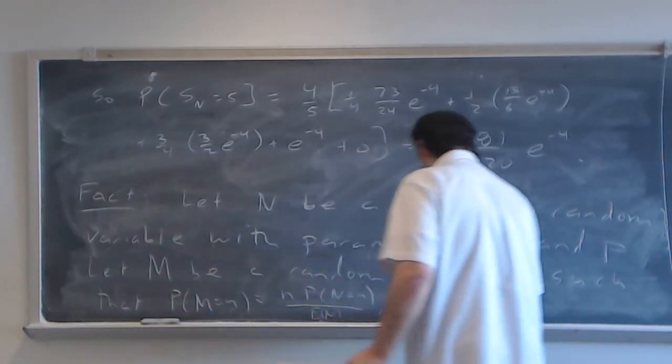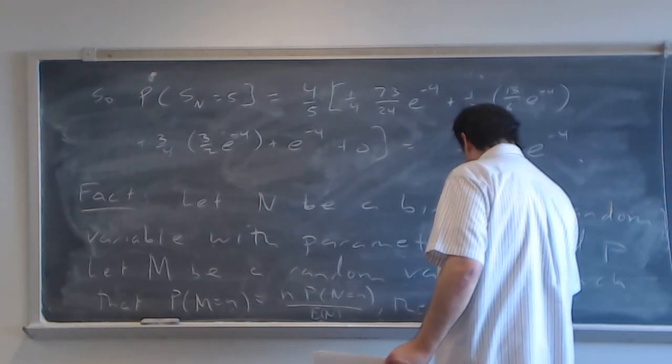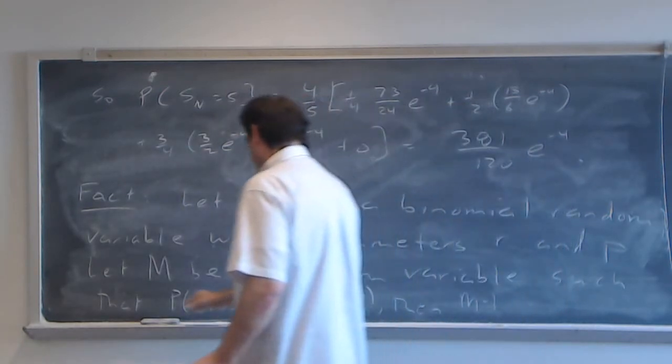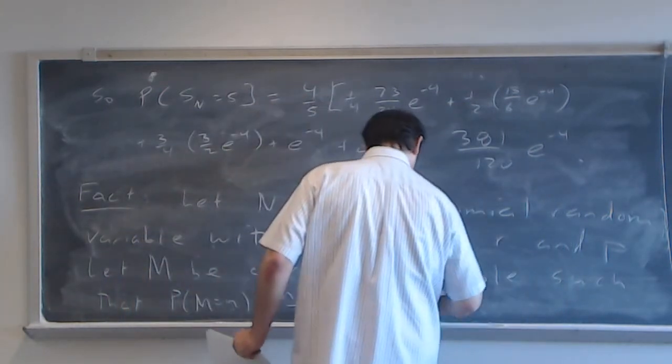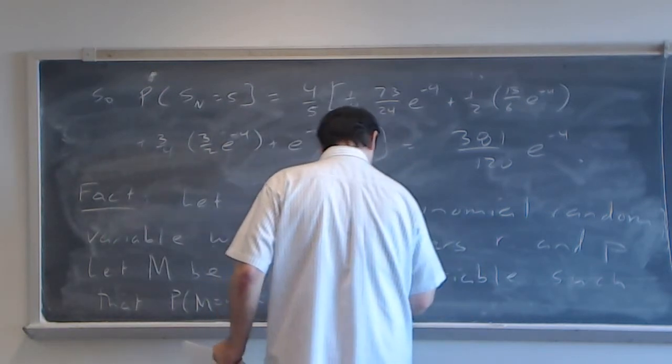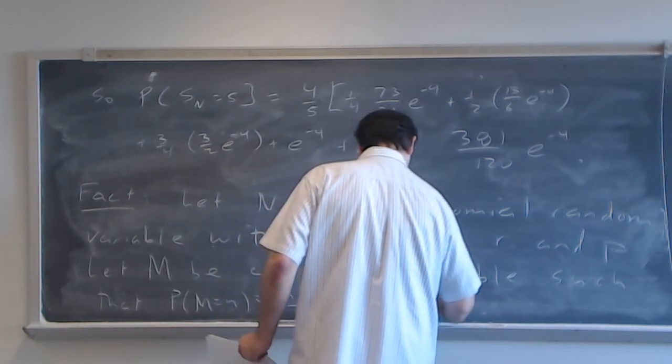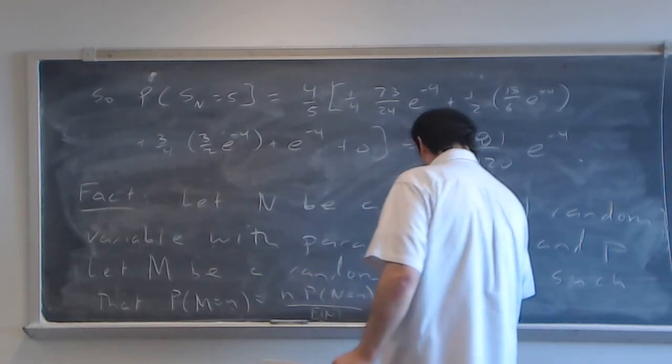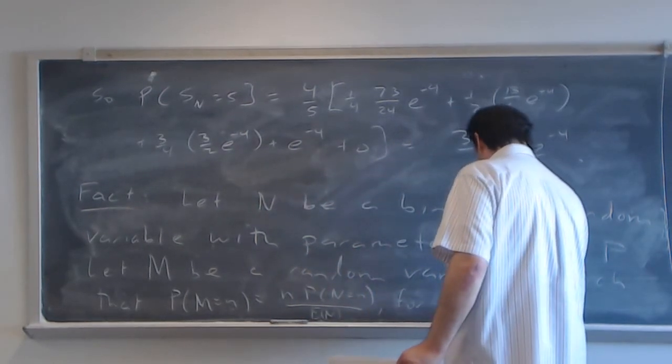This statement is true for little n equaling 1, 2, 3, forever.